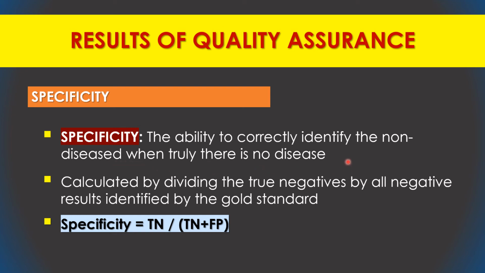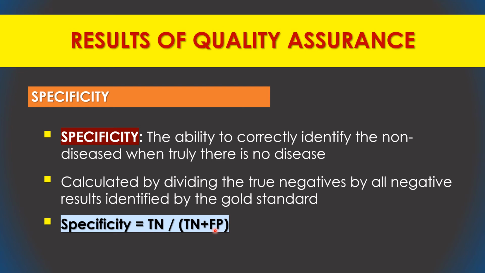So this is the specificity, or whether my test is specific or not, based on the chi-square table. It's calculated by dividing the true negative by all the negative. So this is specificity: true negative divided by the true negative and the false positive.